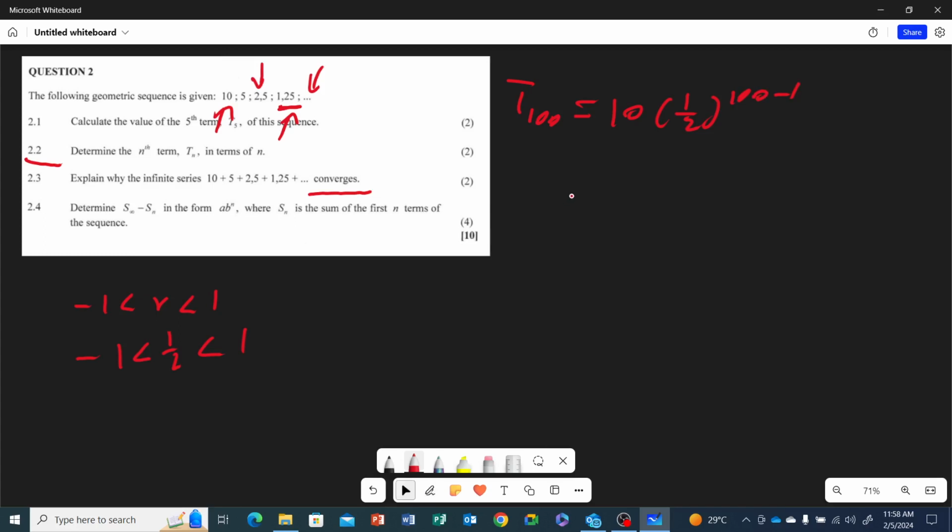You will see that your values approach 0, but Tn is never equal to 0 itself.